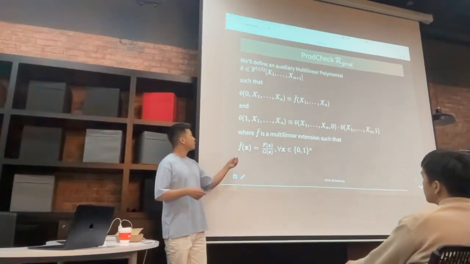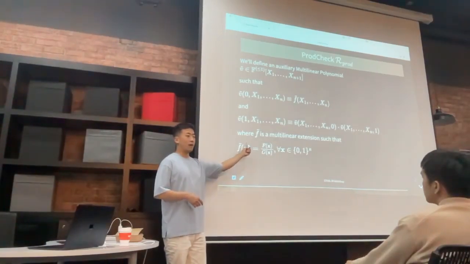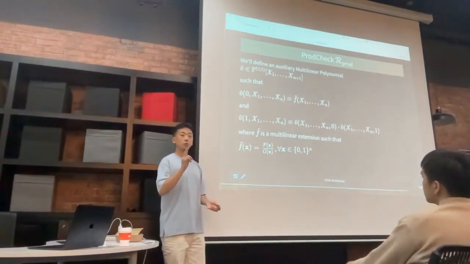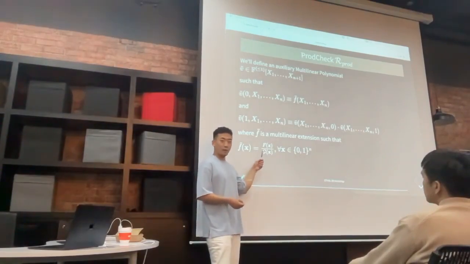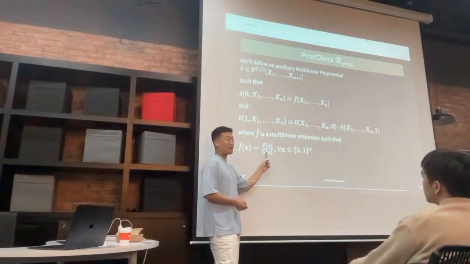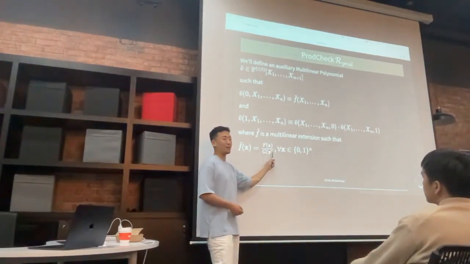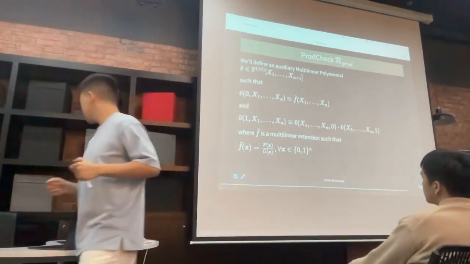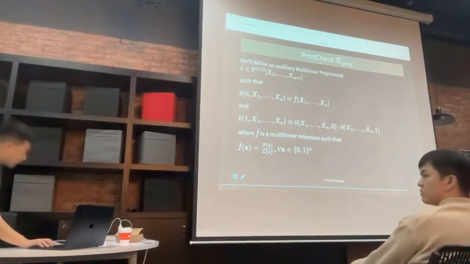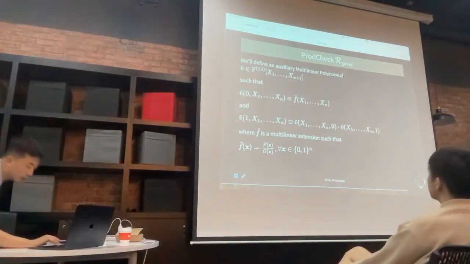So if the grand product of f tilde equals 1, then we might be able to do the permutation check between f and g. This is what we want to do. Okay, let's move to the next part.